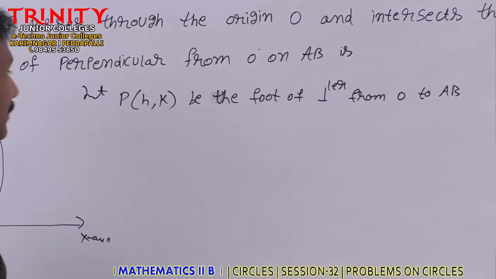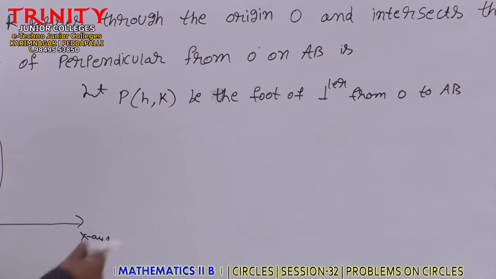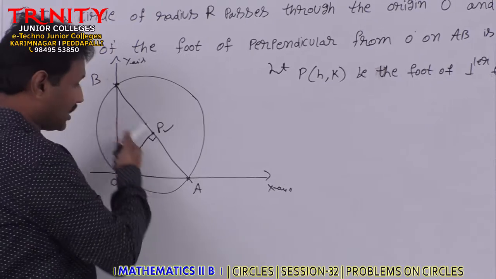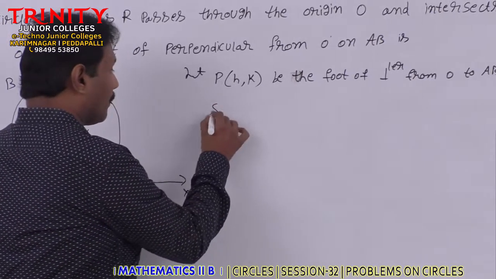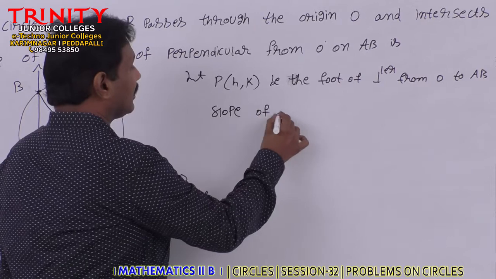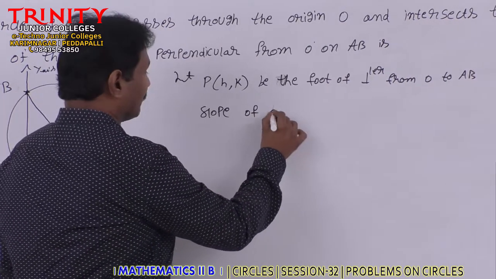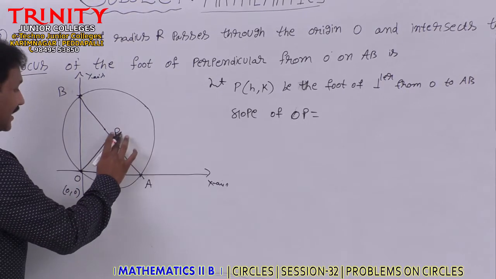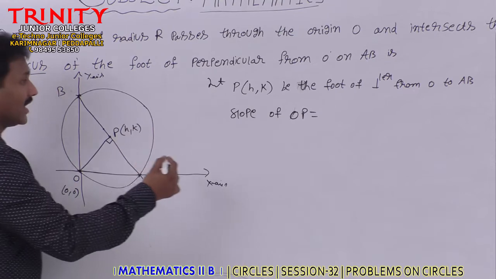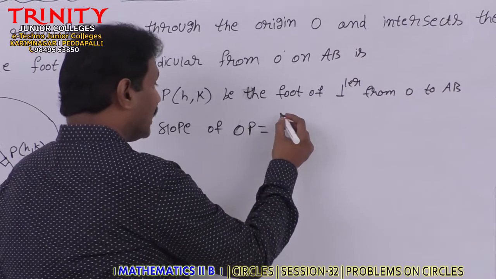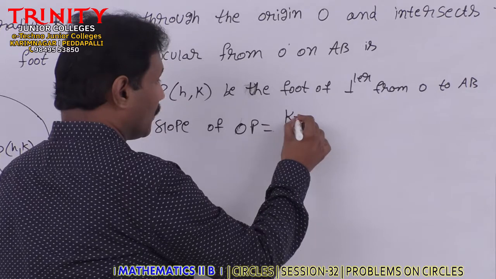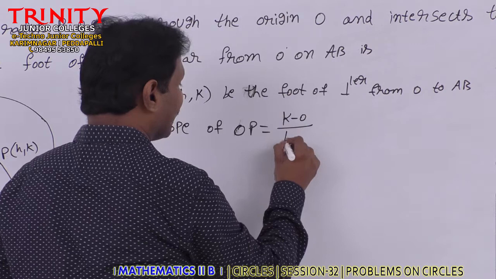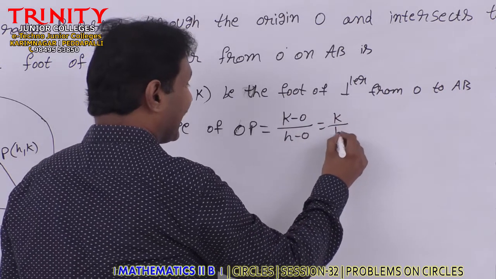First we find the slope of OP, then the slope of AB, and then the equation of AB. Here O is (0, 0) and P is (h, k). Slope of OP equals (y2 minus y1) by (x2 minus x1), that is (k minus 0) by (h minus 0), equal to k by h.